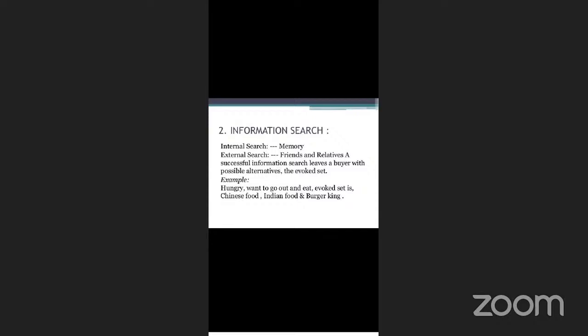Okay, a successful information search leaves a buyer with possible alternatives. The example of this is: you are hungry and want to go out and eat. Which kind of food? Chinese, Indian, or Burger King? Okay, so you will find the information to buy the product. Okay, these are all the processes in consumer behavior, how the process takes place.